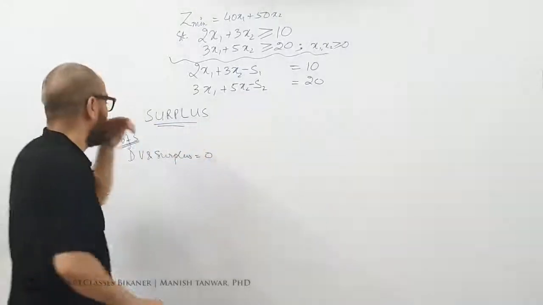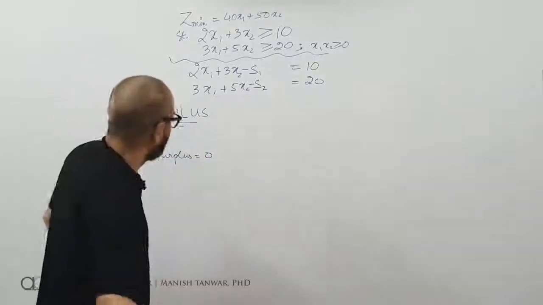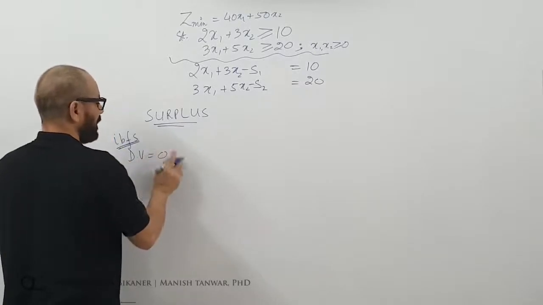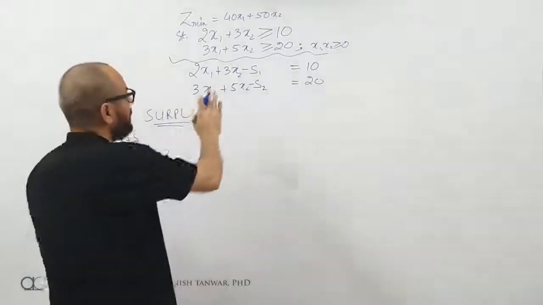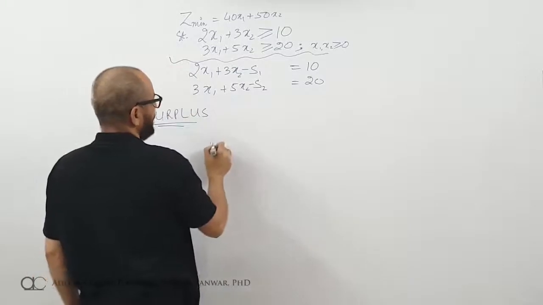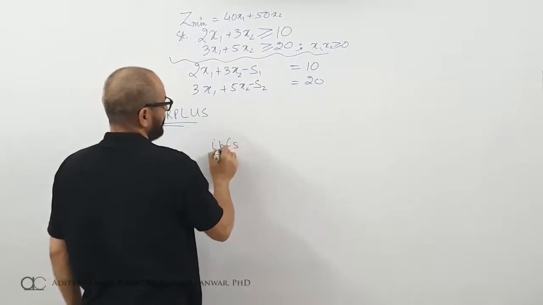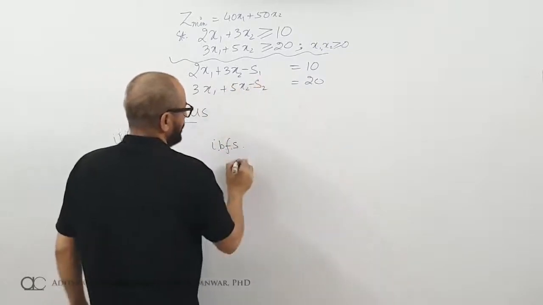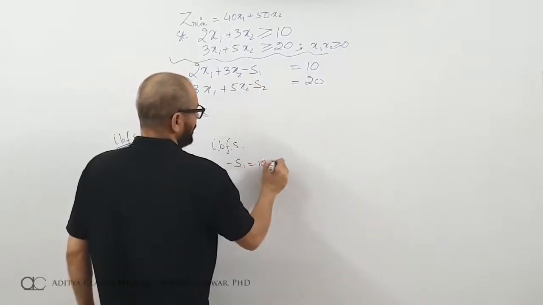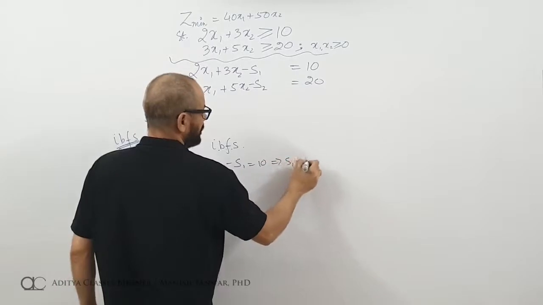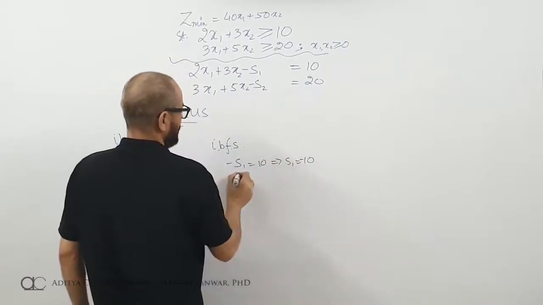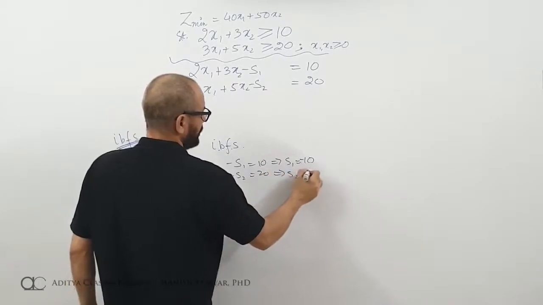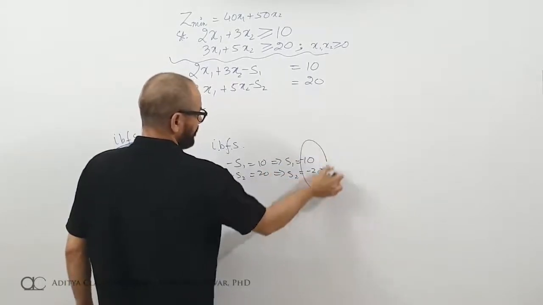Now how do we handle this surplus, S1, S2? What was my IBFS? Make all decision variables equal to 0. Up till this point I used to do this. If I go ahead with this, my IBFS would be: this is 0, this is 0, minus S1 is equal to 10, or S1 is equal to minus 10, minus S2 is equal to 20, or S2 is equal to minus 20.